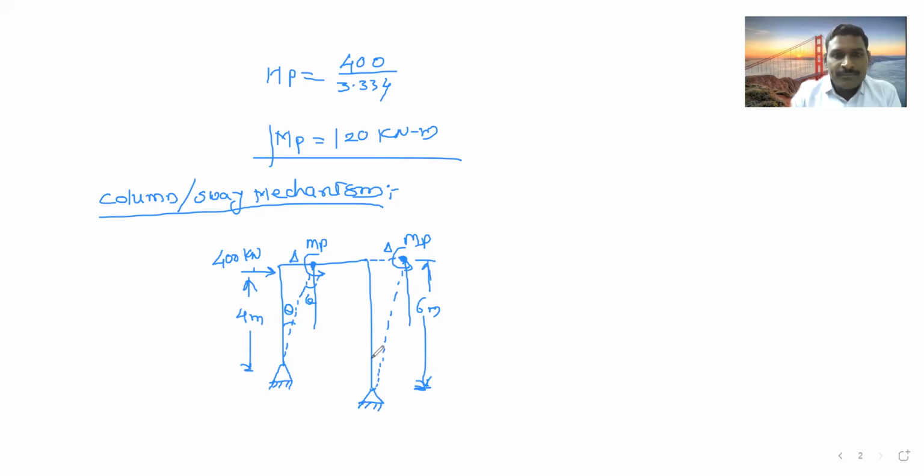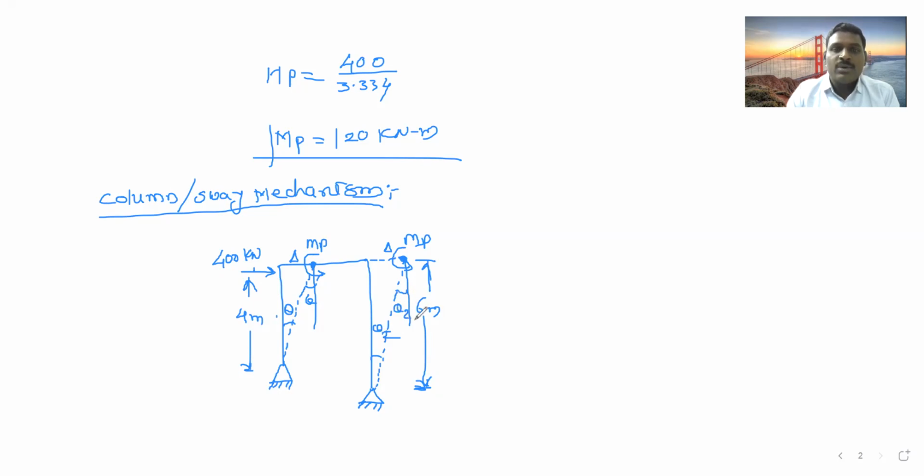Now this is theta, and this will be theta 1. This is 4 meter height, this is 6 meter height. Are you getting? Column 1 is 4 meter height, column 2 has 6 meter height. So the theta will be different. We will give the notation theta 2 here.